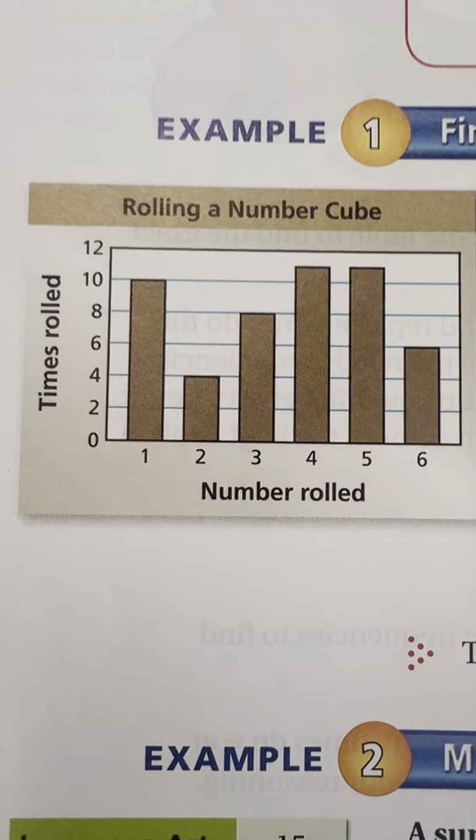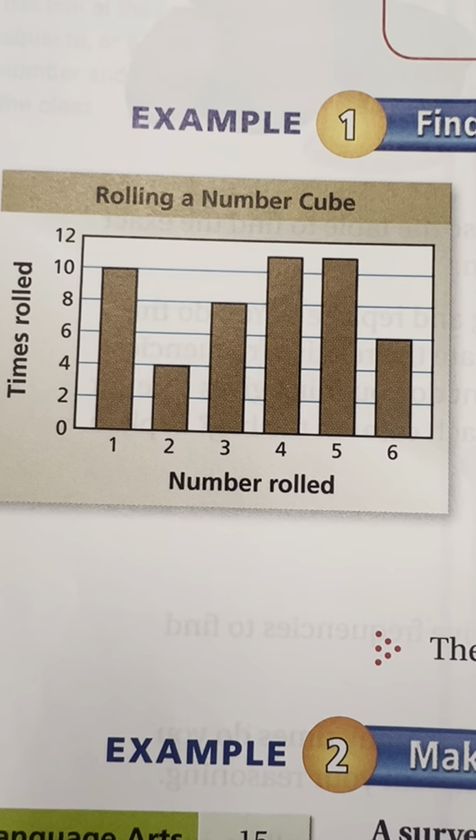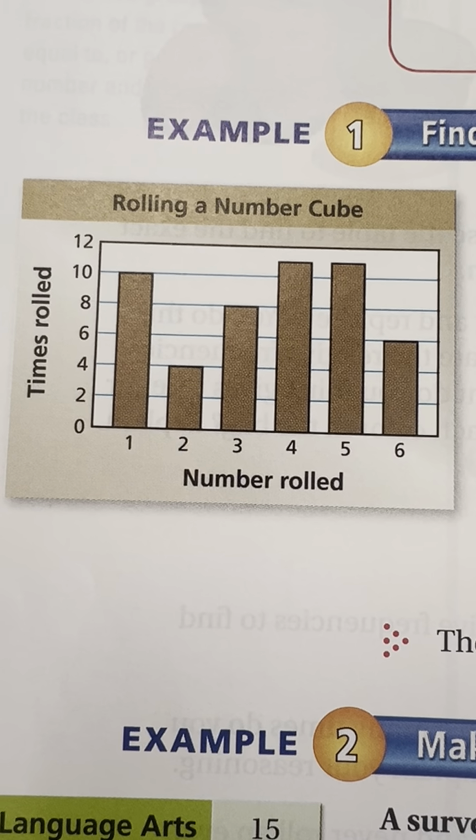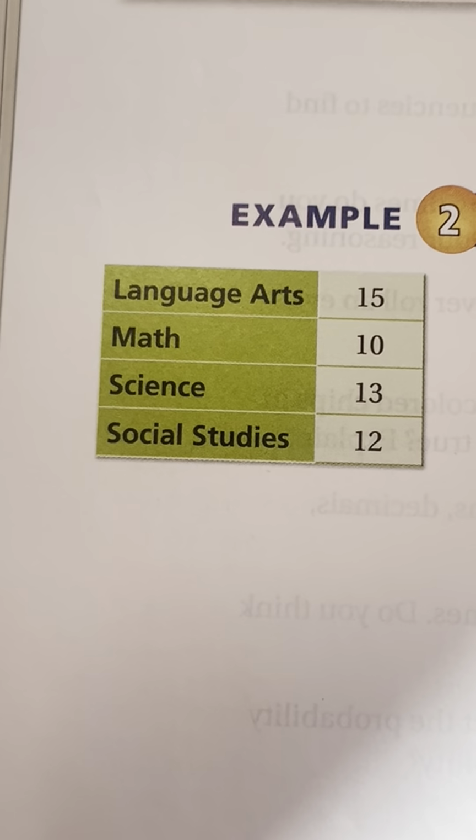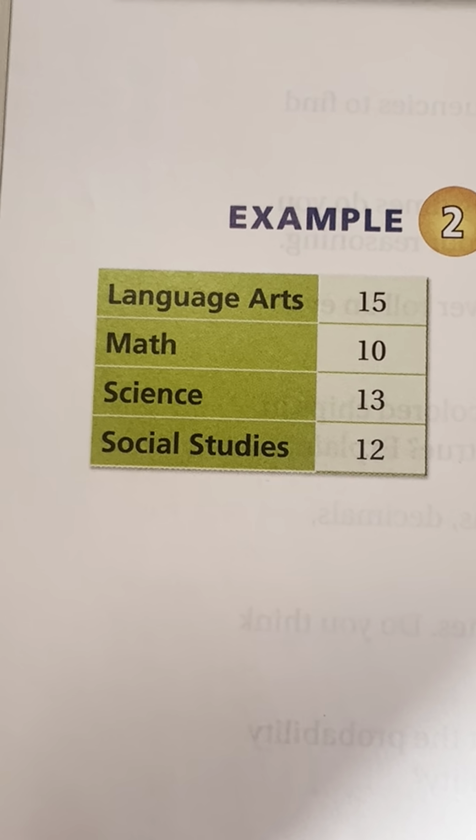These are going to be things like problems that have a bar graph, or problems that have the results of a survey. These are based on the answers to an experiment. That is experimental probability.